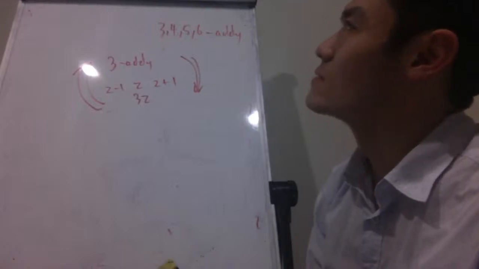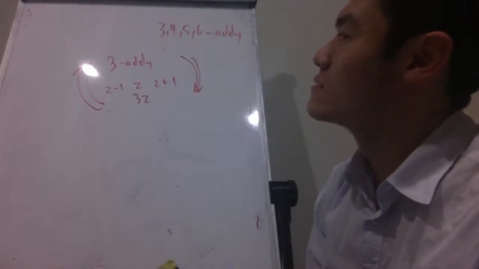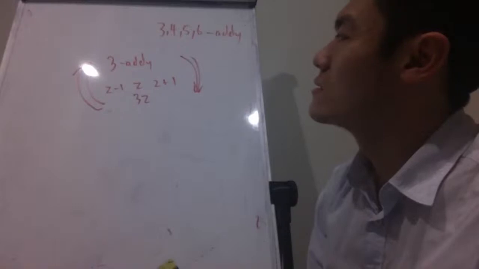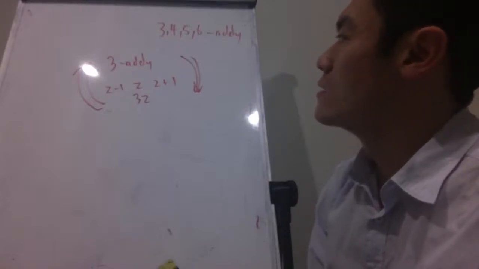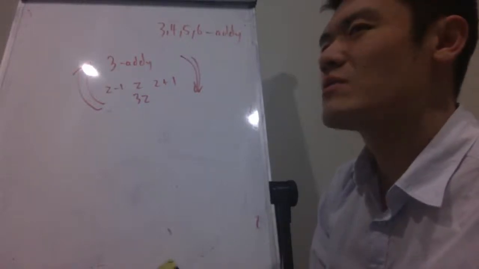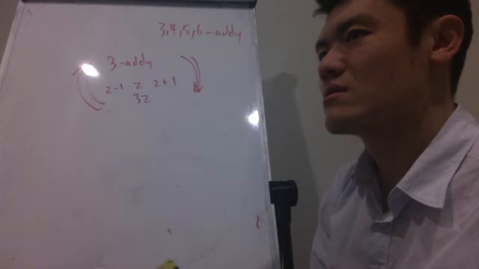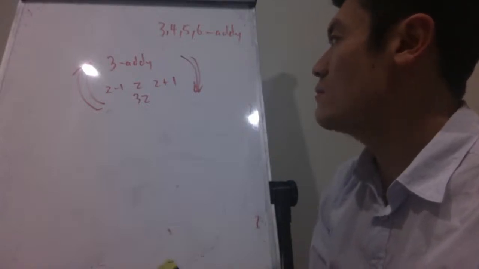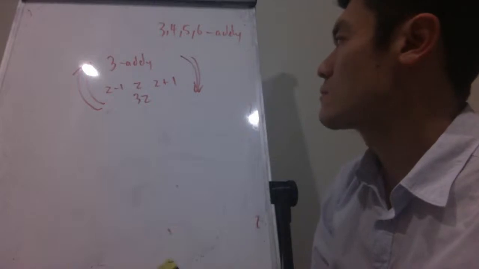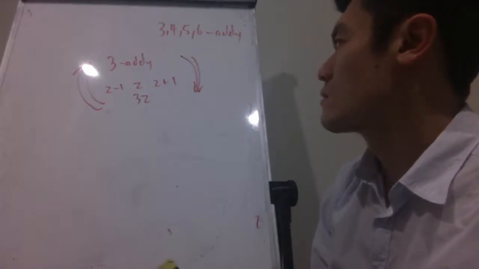Wait, hold on. If you can write it as 3z, do they have to be positive integers? Yeah. Oh, right. Okay, sure. 3z minus 1.